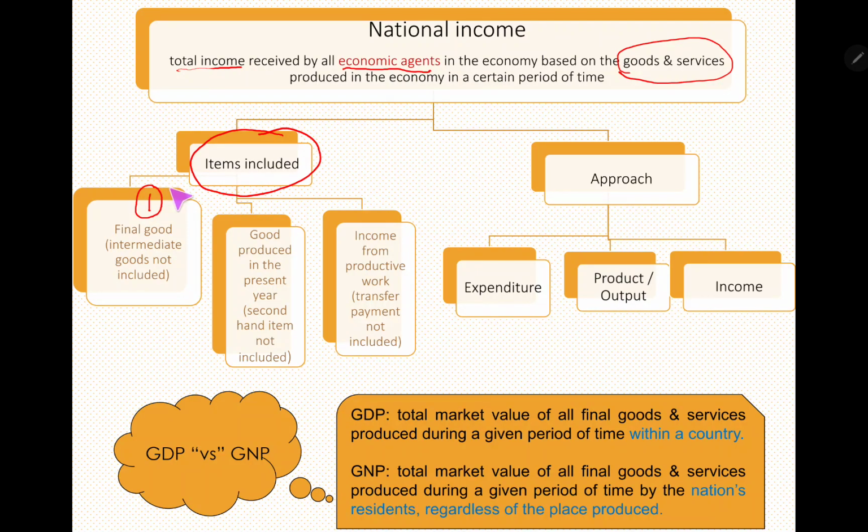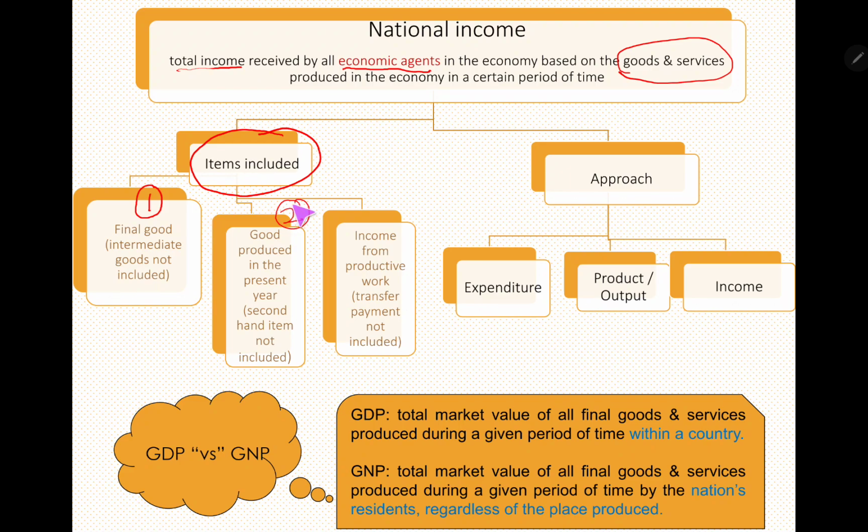Intermediate goods such as raw materials will not be counted because the price of these intermediate goods is already reflected in the final goods. So if you include intermediate goods such as raw materials, it will lead to a double counting problem.